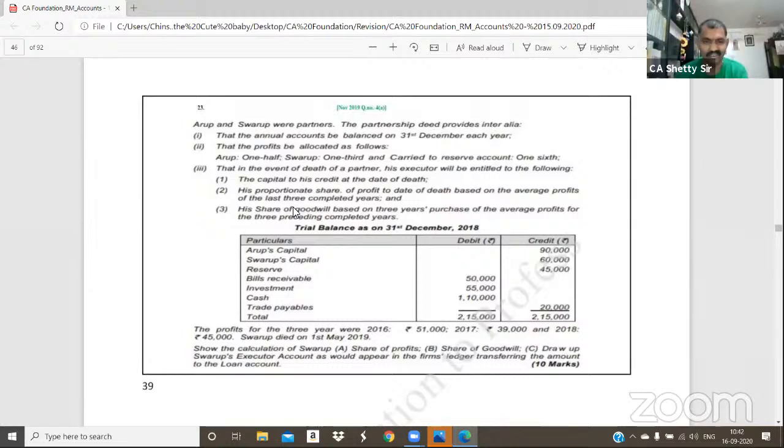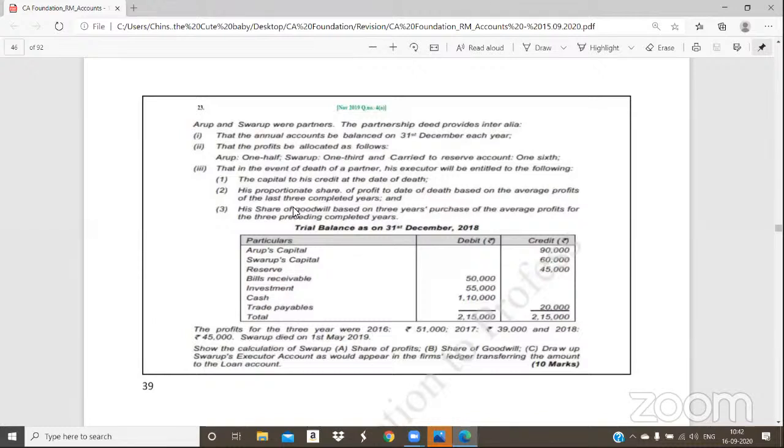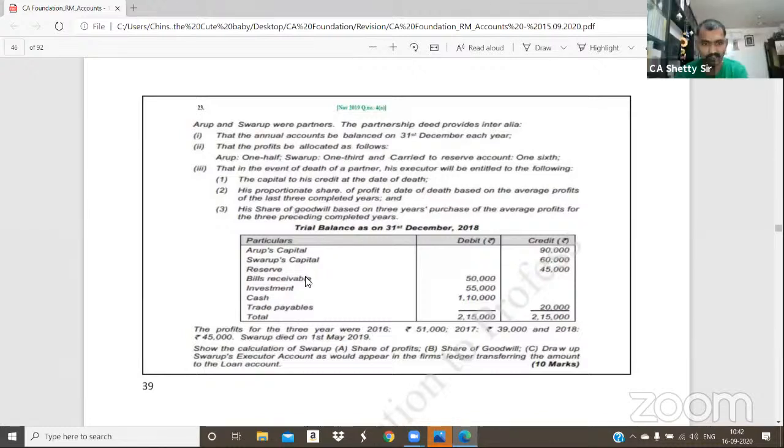Next. A trial balance is given, capital, reserve, small balance sheet. Beautiful question, easy question, but hard. It is not a normal traditional question. Previous question was simple: step 1, step 2, step 3 and done.